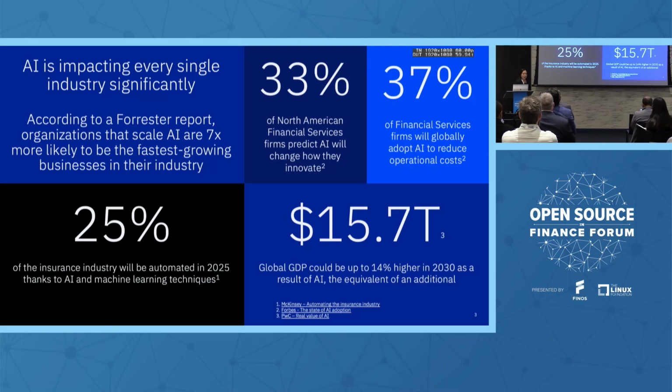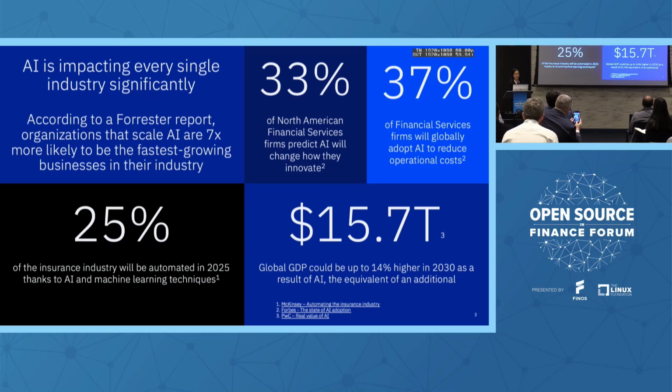So AI is impacting every single industry. We all see AI almost in everyday life, right? There are some interesting numbers here. Based on McKinsey's report, 25% of the insurance industry will be automated in 2025 thanks to AI and machine learning technologies.